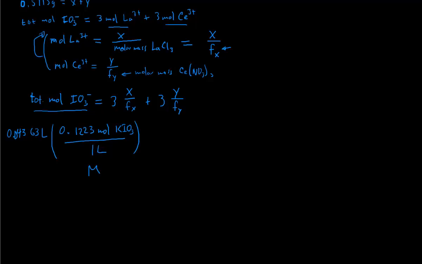So we're using molarity, multiplying by molarity. And then we're just going to use the simple stoichiometry that there's 1 mole of iodate ions added, and that comes from every 1 mole of potassium iodate that we have, and that's just from the formula stoichiometry. And so I calculate that this equals 0.005336 moles of iodate.